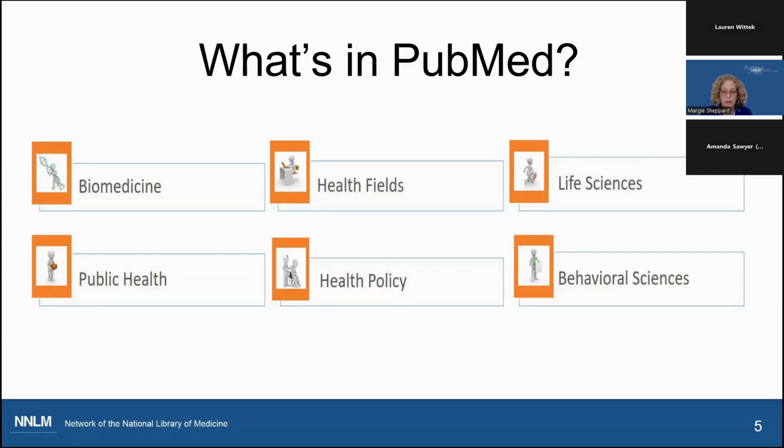Well, you can use it to find a specific research article based on some known information that you have about the article. You can use PubMed to find articles written by a specific author. And you can use PubMed to familiarize yourself with a topic. And because of its vast scope, you can also take a deep dive into a wide variety of topics. PubMed even has patient education handouts, and I'll show you how to add that filter later.